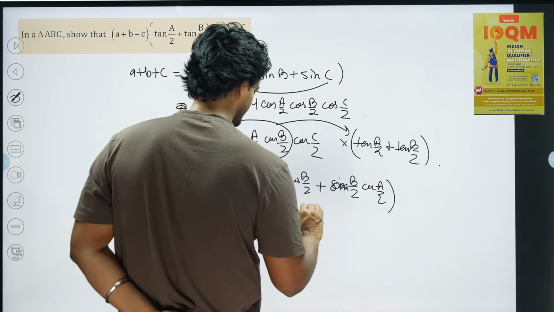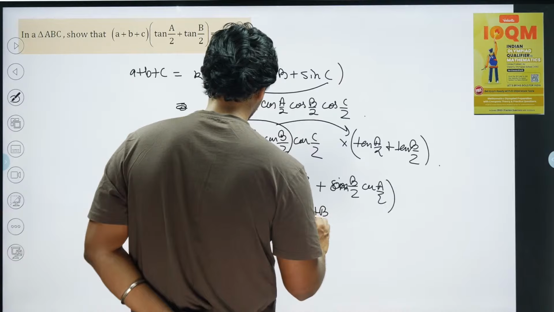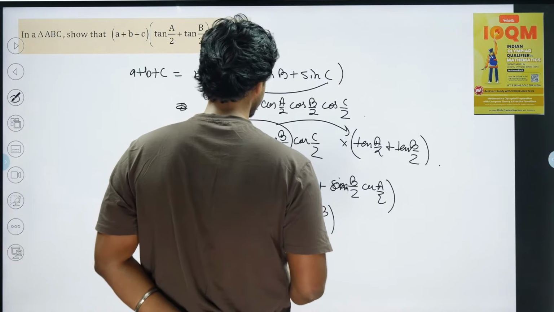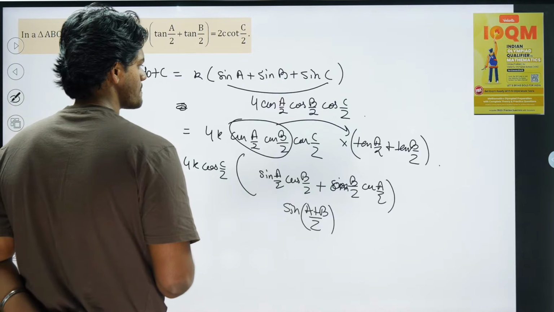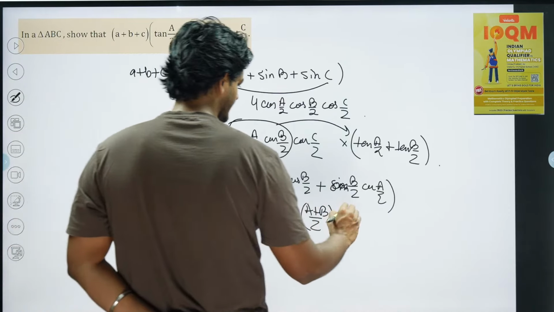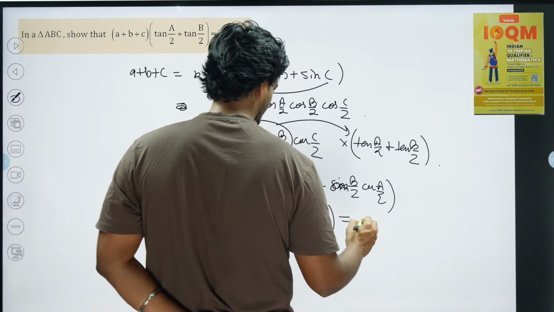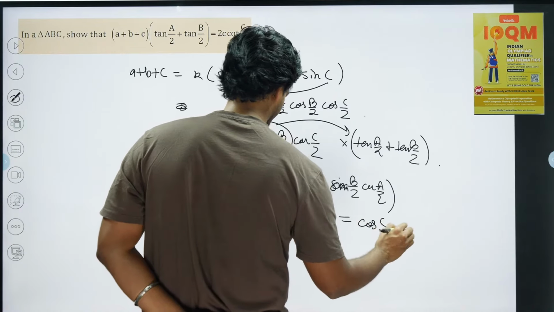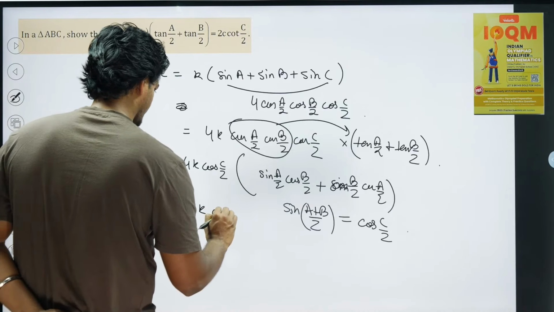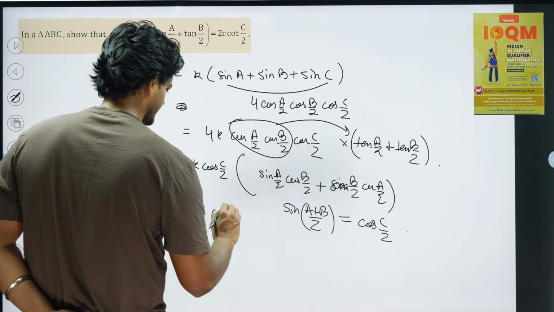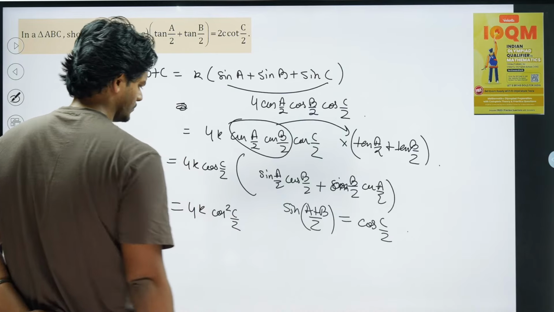This is sin((A + B)/2), right? And this happens to be cos C/2. So I just multiplied, 4k cos² C/2.